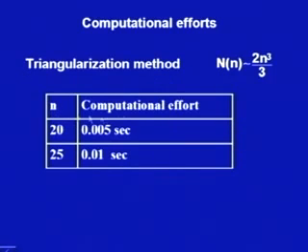This is the table, and I am giving the values for 20, because if we are using the triangularization method, then for n equal to 20 the computational effort will reduce to 0.005 second. If you compare it with the earlier case, this is very small, and when we increase n to 25, then 0.01 second will be required to compute the determinant by this particular method.